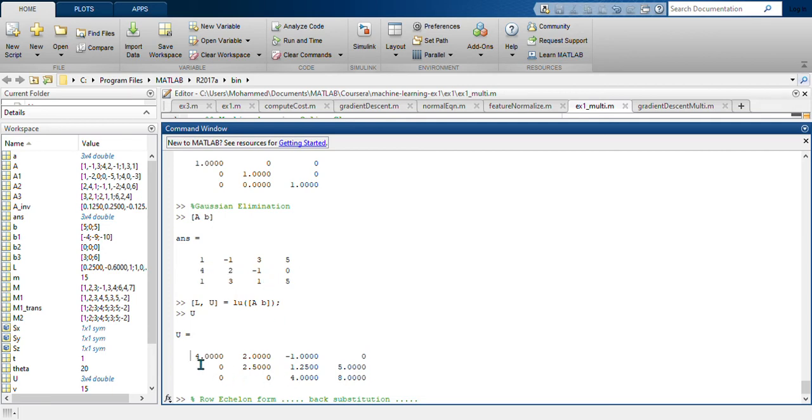So the row has been interchanged. So this has been moved as the first row, and the first row has been brought to the second row, and so on, right? So interchanging the rows of our original matrix does not alter the results, but sometimes doing so can make our calculations simpler. And MATLAB would do that to make the calculations faster. But nonetheless, you should still get the same answers.